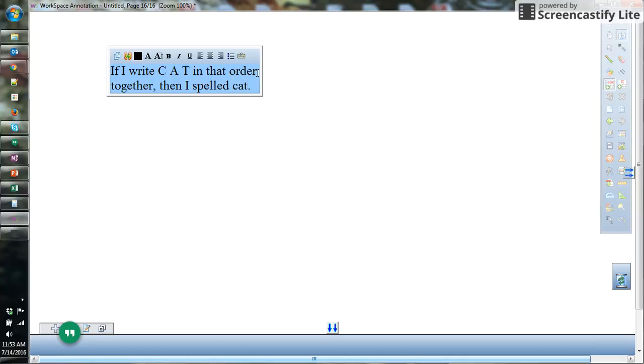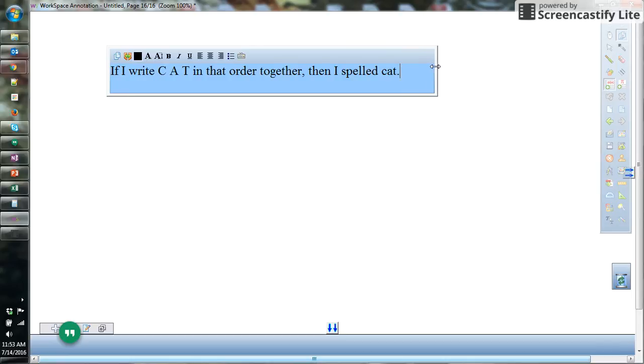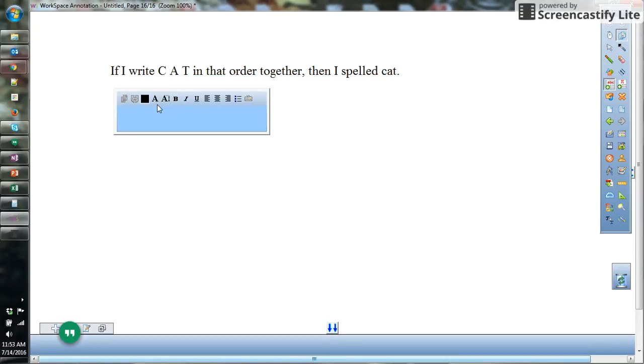Okay, so here is my statement. And it says, if I write CAT in that order together, then I spelled cat. Now, I've used this example in a previous video, so if you've seen that one, we talked about the truth value of this being true, because no matter what, if you write CAT in that order and all those letters together, then you're going to be spelling cat.